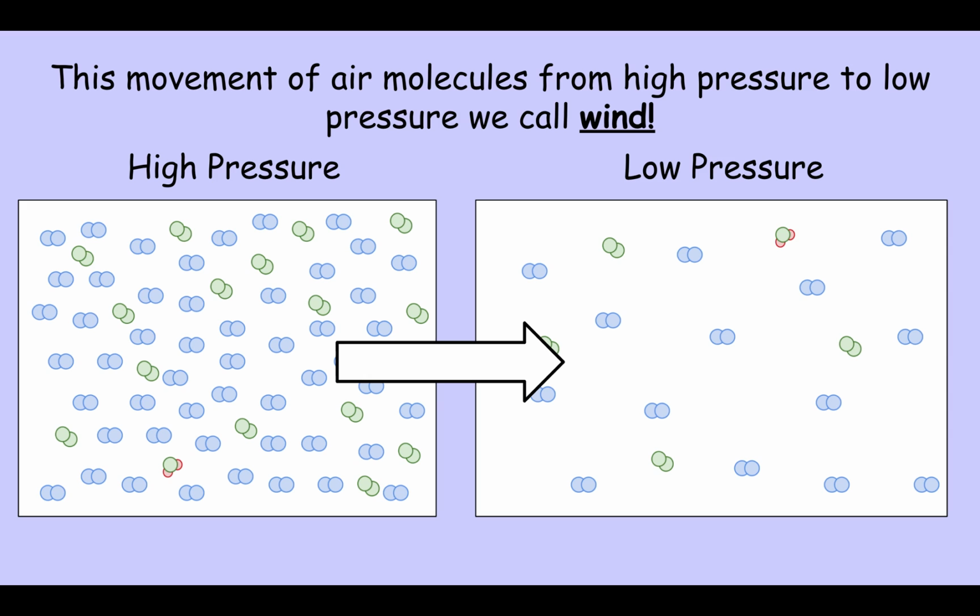This movement of air molecules we call wind. That's what we feel when we feel wind: all the air molecules brushing past us, going from the high pressure location to the low pressure location.